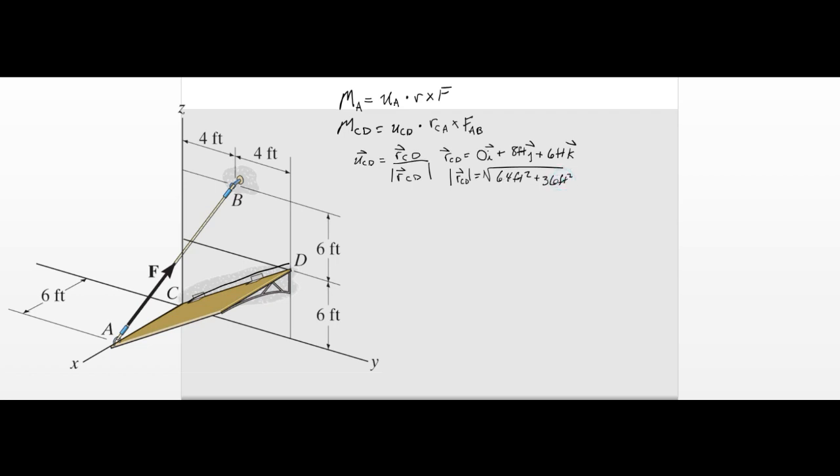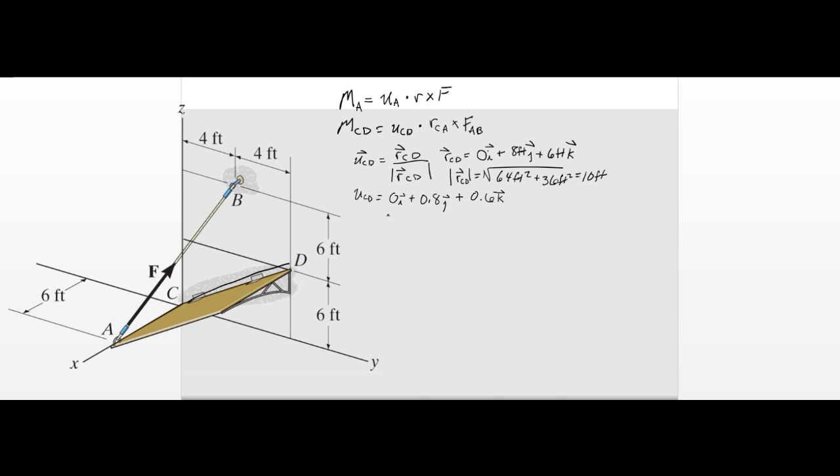So this is 100, so then this must be equal to 10 feet. So then UCD is equal to this divided by 10, right? So that's 0 i plus 0.8 j plus 0.6 k. So that's UCD.